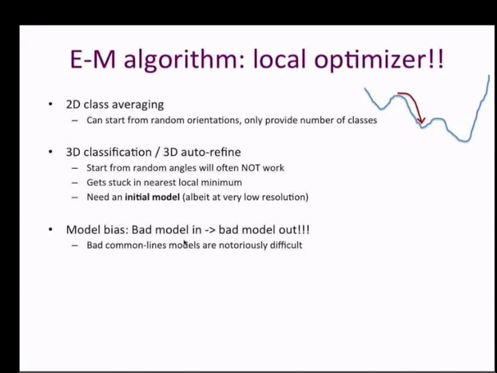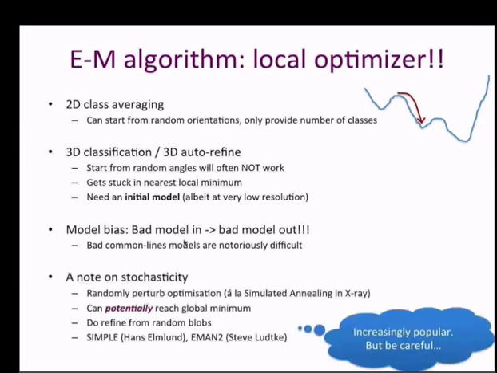Especially common lines models, because they're created from the data themselves, they're consistent with the data in certain nasty ways, and if they're very wrong, they're notoriously difficult to escape from. And I think there are currently better approaches.